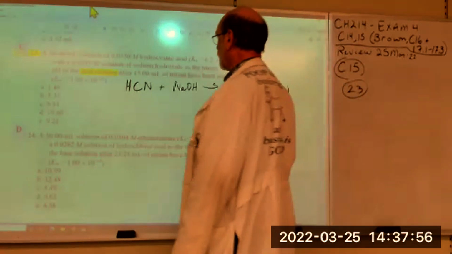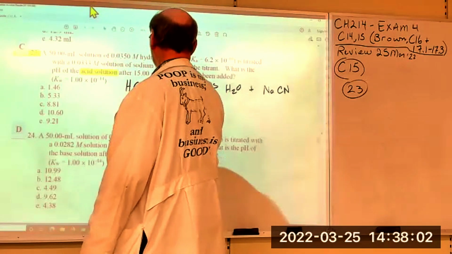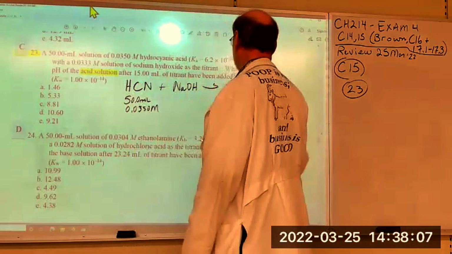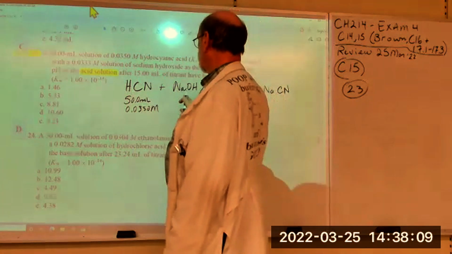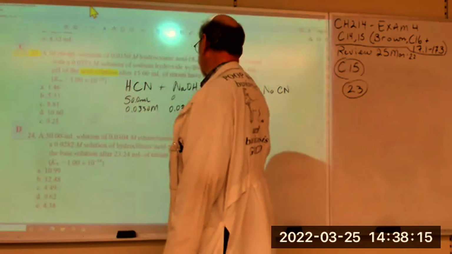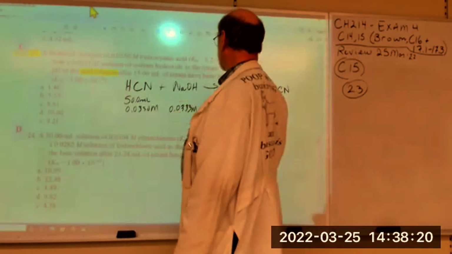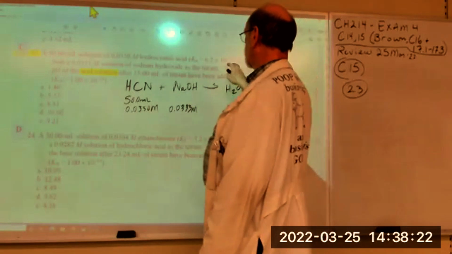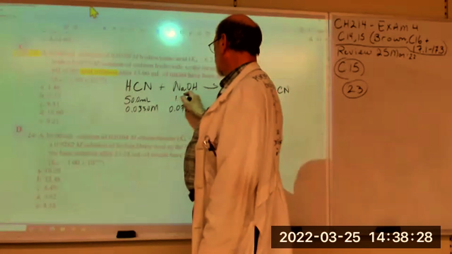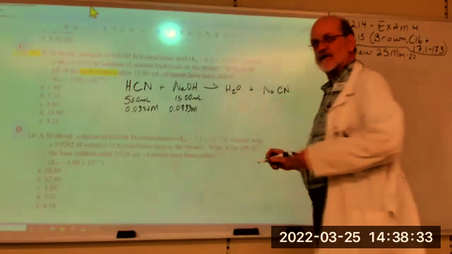Okay, so we're starting off with 50 milliliters of 0.035 molar here, and 0.0333 molar of sodium hydroxide. 15 milliliters of titrant have been added. This is the titrant. Okay, now we have our stoichiometry.